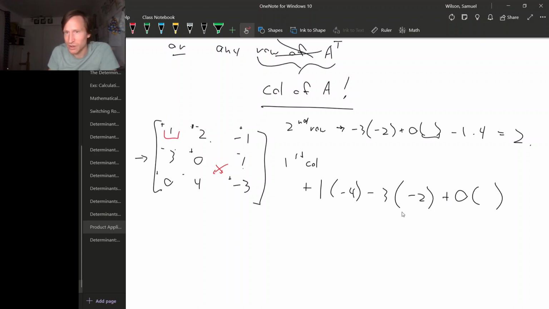So -4 plus 6, that's 2. You see, we get the same thing whether it's along a row or a column. This flexibility of being able to expand a determinant along any row or column gives you the choice of the most convenient calculation. So if you see any row or column with a lot of zeros, take that one.